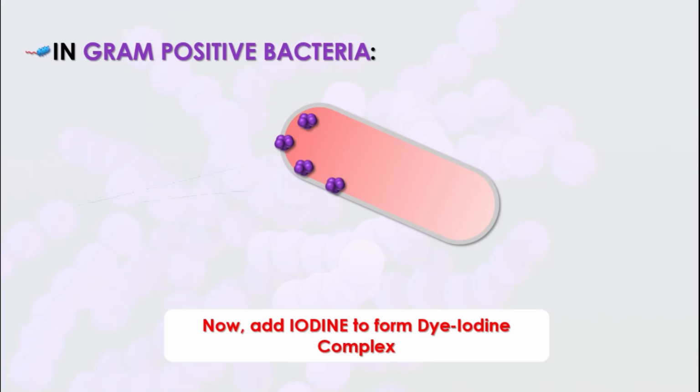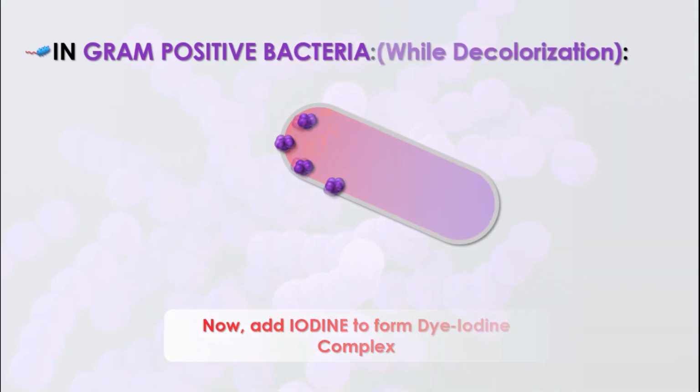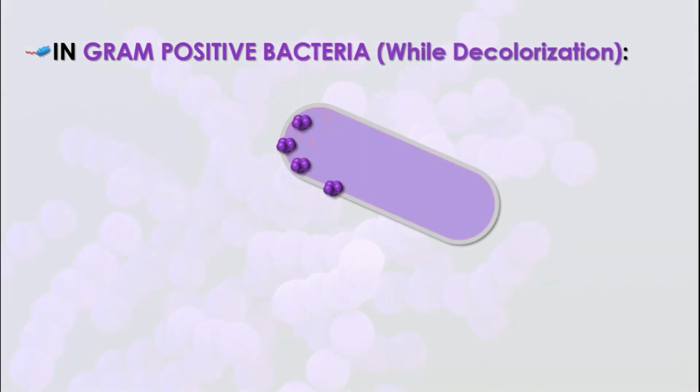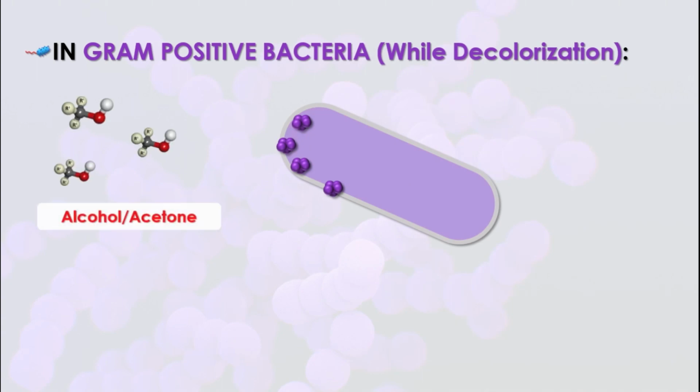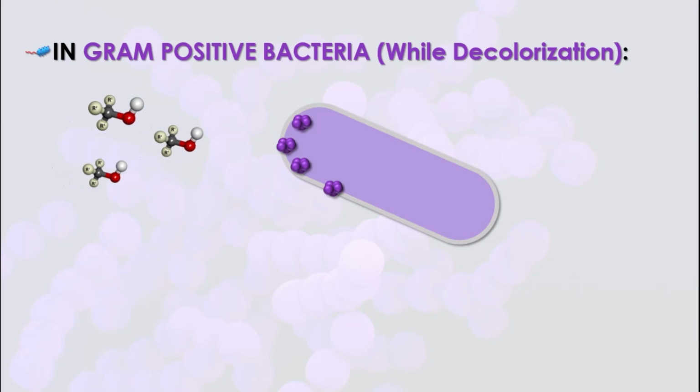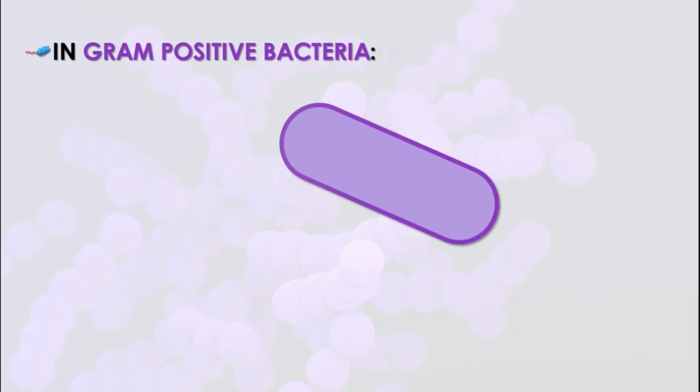Now when we add the alcohol as a decolorizer, the gram positive bacteria do not get decolorized by the alcohol. Instead, they retain the crystal violet diiodine complex, and due to the shrinkage of the cell wall, they retain the violet color and appear violet in color. That is the gram positive bacteria.